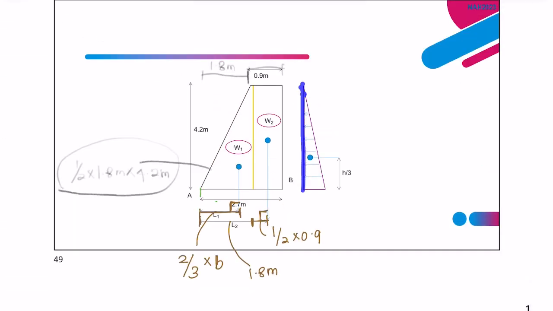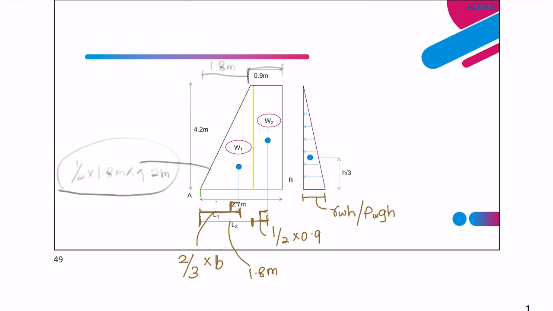This is the triangle that shows the pressure distribution of the liquid at the back of the wall. And we know that the value here would be, because this is water, unit weight of water times H, or if you use the density, it should be density of water times g and times H.